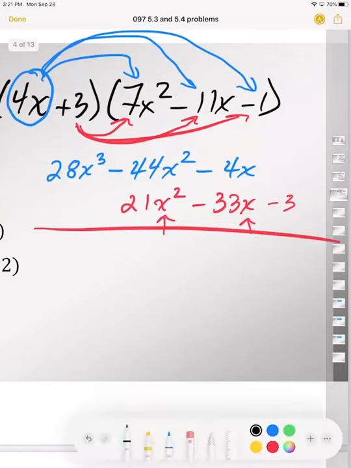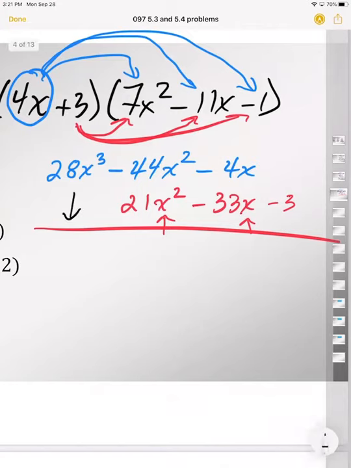I either add them if they have the same sign, or I subtract them if they have opposite signs. So my lonely 28x to the third, I bring it down. One of them is positive, one of them is negative. I know I need to subtract and keep the sign of the larger number.